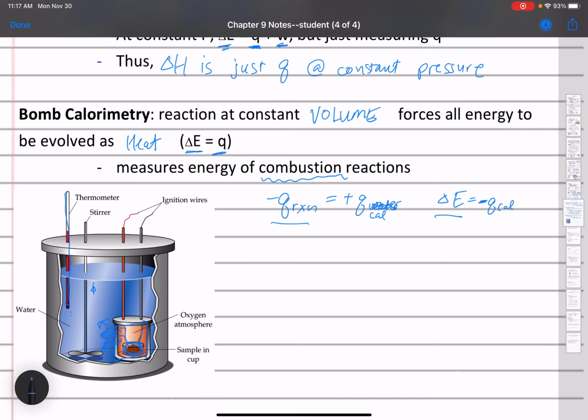Or really the opposite of the heat of the calorimeter, because the heat of the reaction is the energy of the reaction. All right, so the heat of the calorimeter is just the heat capacity of the calorimeter times the change in temperature. And that heat capacity is basically the mass of water times the specific heat of water, and it's predetermined.